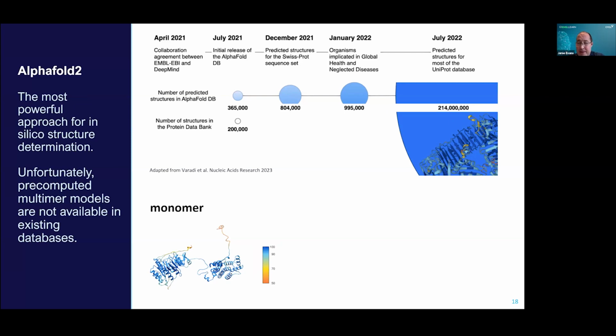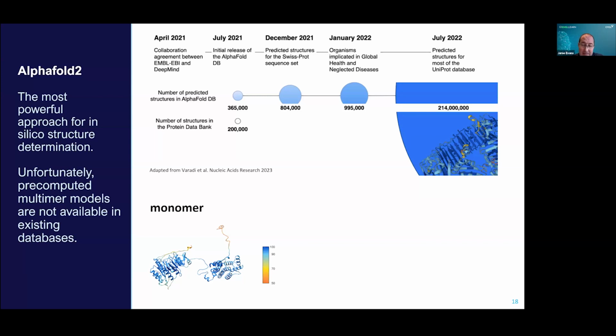And they've populated the protein data bank from having about 200,000 unique structures to now having over a couple 100 million unique structures associated with proteins. So AlphaFold 2 and machine learning for in silico structure determination has been a huge windfall.